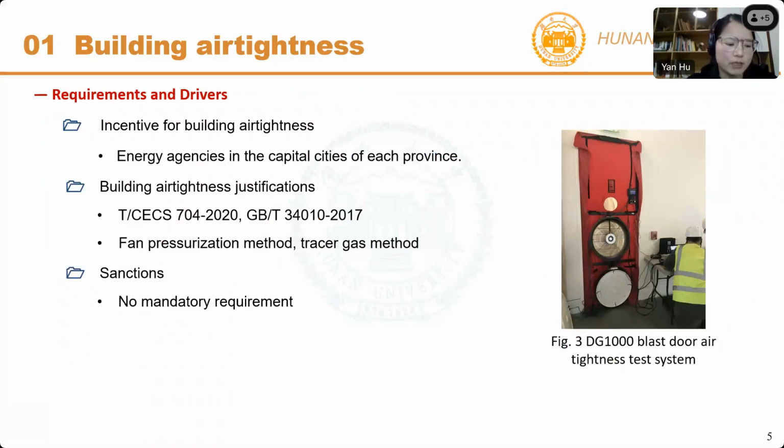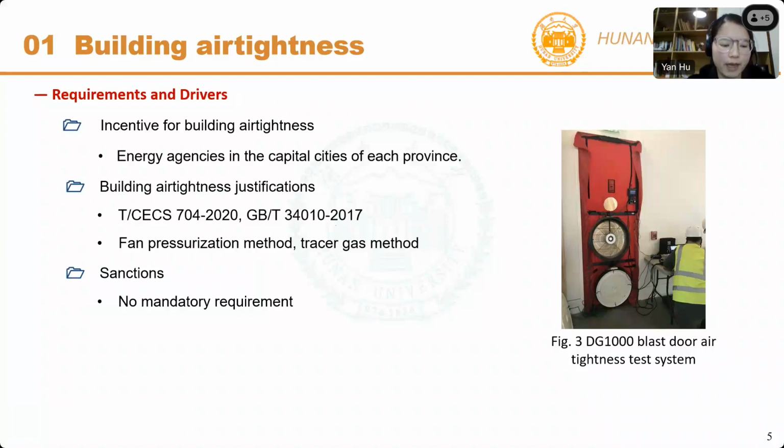Airtightness related research is coordinated and promoted mainly by the energy agency responsible for energy efficiency in the capital cities of each province. At present, the standards T/CECS and GB/T 34010 provide guidelines on testing airtightness of building in China.